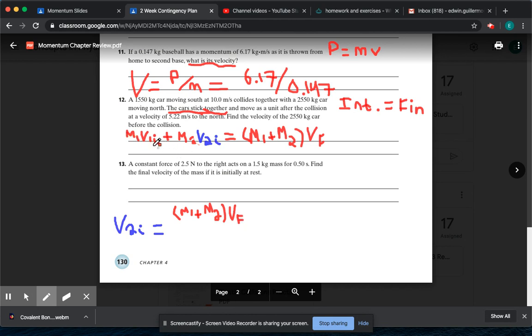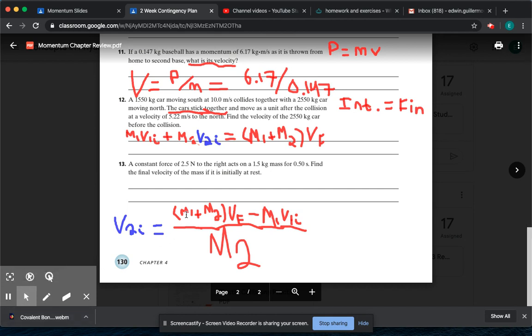We need to get rid of this before we can divide by M2. So I need to subtract this over. So this is minus M1 V1I. And then that whole thing needs to be divided by M2. Okay.